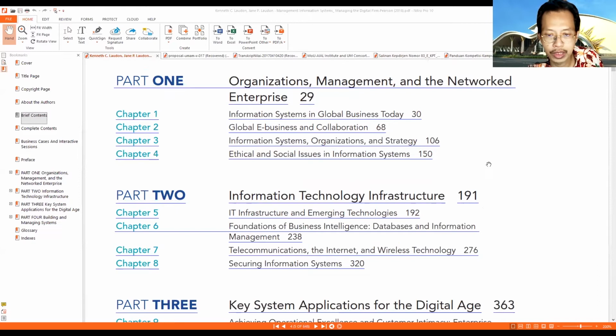So this is basically talking about the benefits of information systems, how they are used in business today, things like that. The second part would be talking about the infrastructure, the technology that is being used. It includes the hardware technology also. It includes databases.